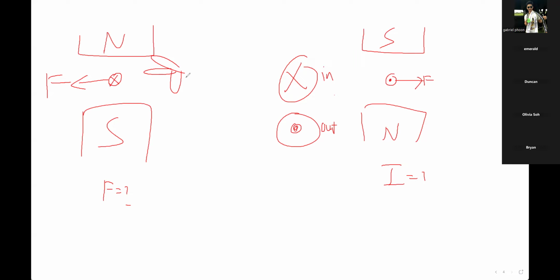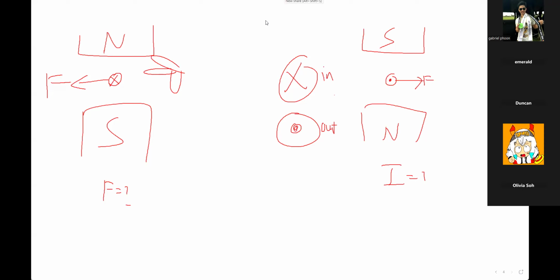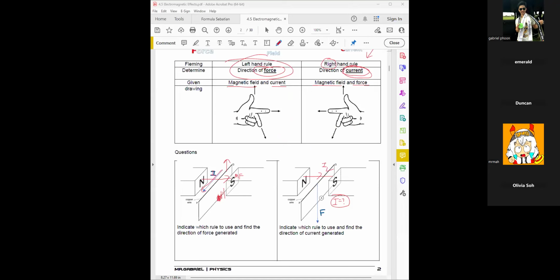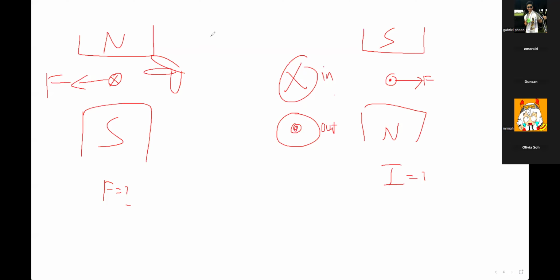Okay, can guys. Can. Okay. Hello, can you hear me? Oh, wait. Brian doesn't get it. Brian, you clench your hand into a fist first, right? And then you point your index finger down first, because the magnetic field is going down, right?